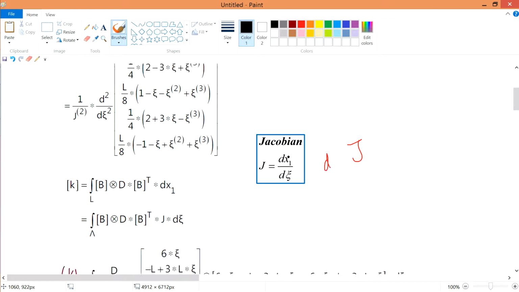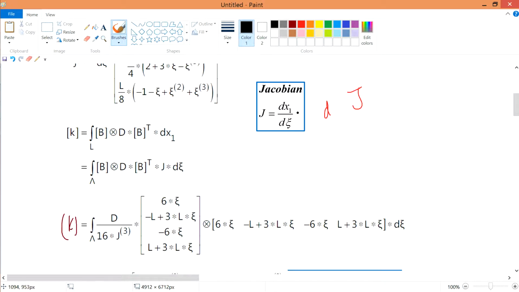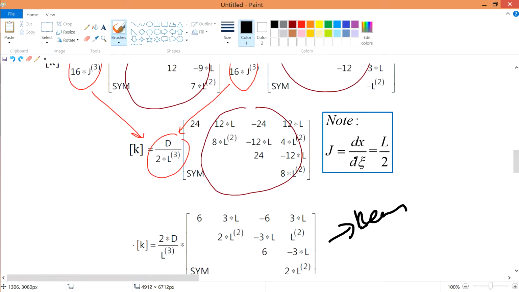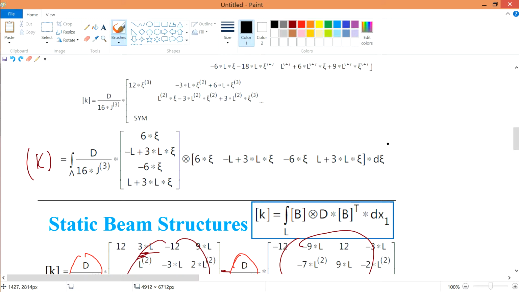Also the concept of rearranging your J in terms of dx is equal to J times dc, with the understanding that J is equal to L over 2. J is always, up to now, equal to L over 2. Then you can substitute in all the stuff.